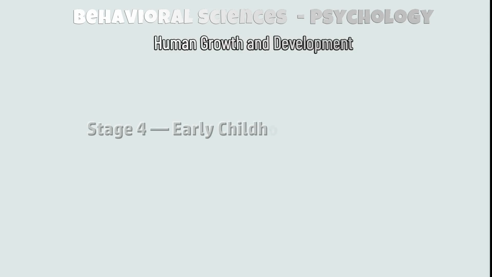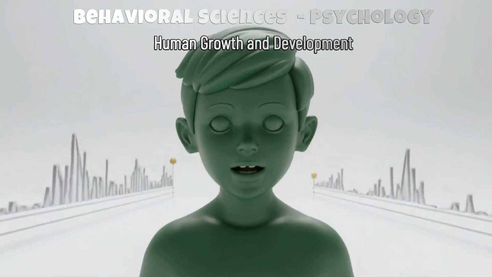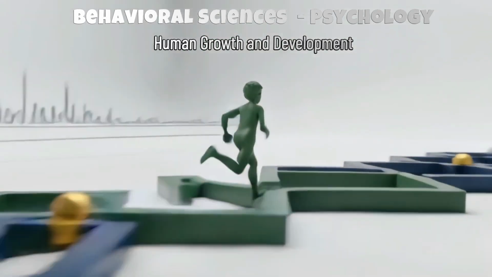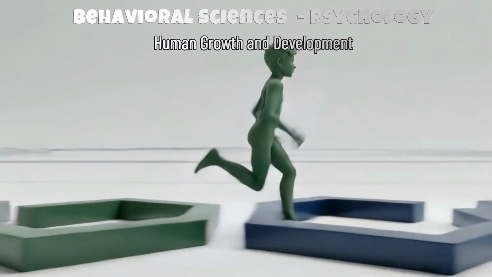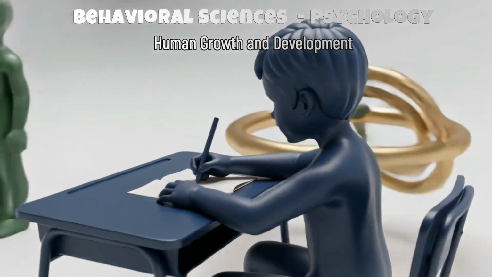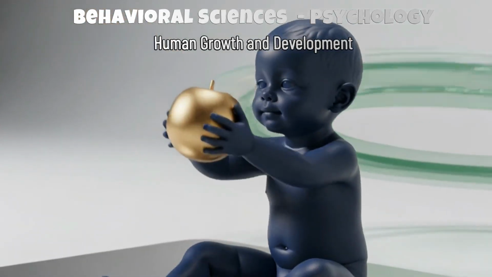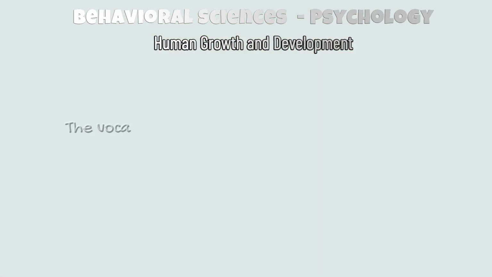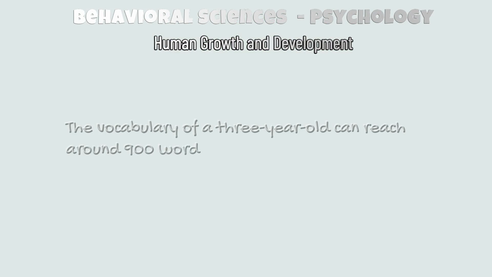Stage 4, early childhood, 1 to 6 years. Early childhood is sometimes called the preschool years. Physical growth slows slightly compared to infancy, but development of motor, language, social, and cognitive skills accelerates dramatically. Children become mobile, curious explorers. Language explodes. The vocabulary of a 3-year-old can reach around 900 words.